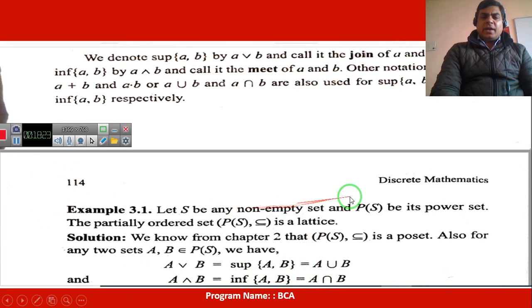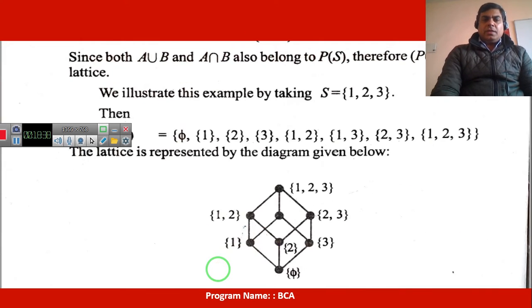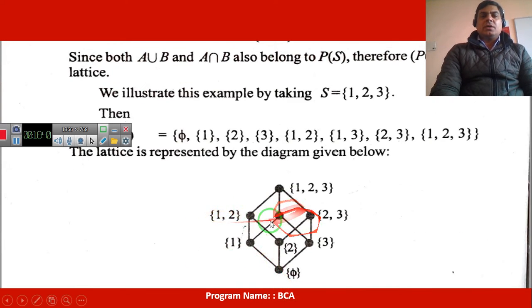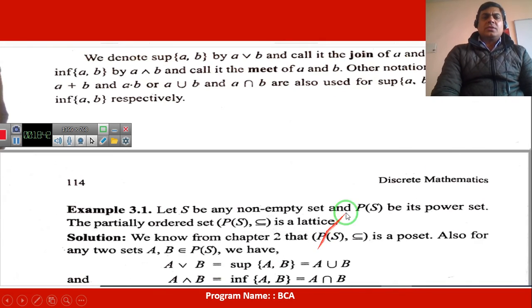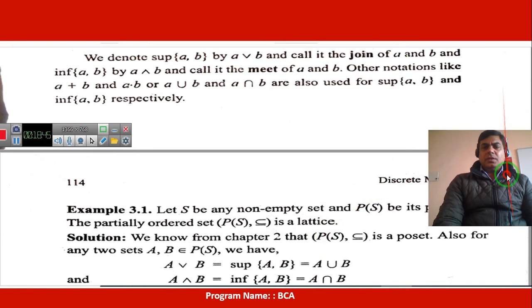Consider a set S and the power set of S with the subset relation. We have the elements A, B, C, and we should prove it with the elements 1, 2, 3. These are the notations in this PPT.